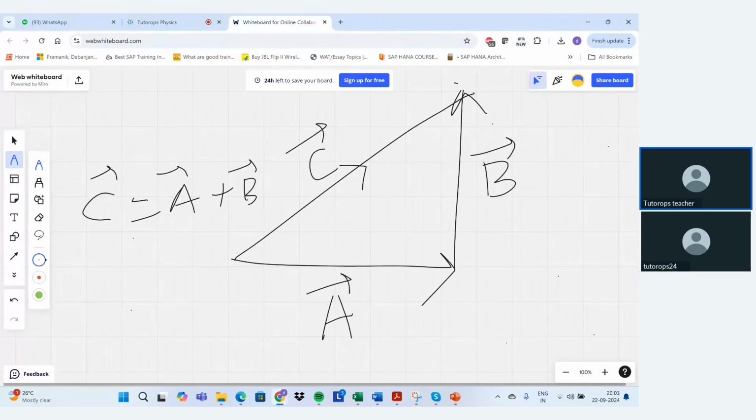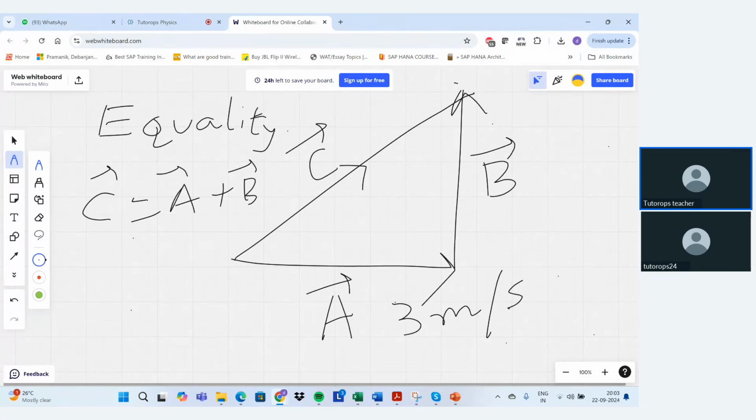Now what does equality of vectors mean? This is called equality of vectors, and I will tell when this is mostly required. Equality of vectors holds only when, for example, this vector I mention as velocity. For example, this is 3 meters per second towards east.